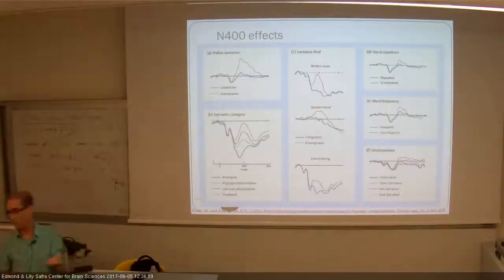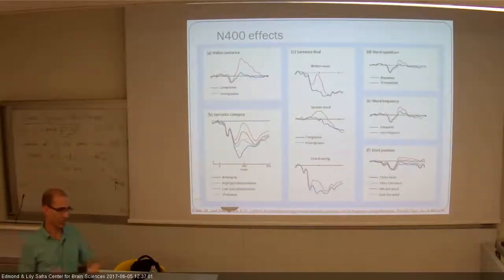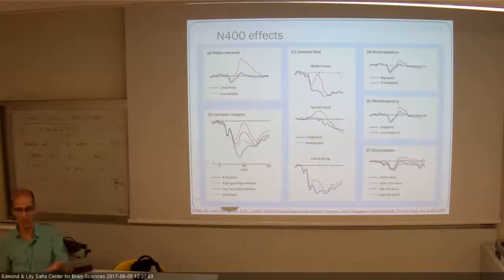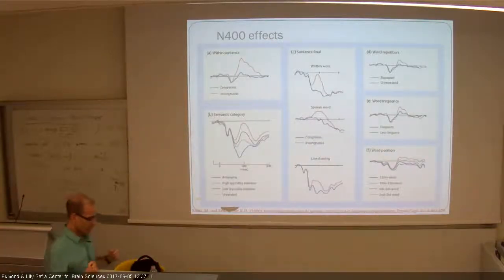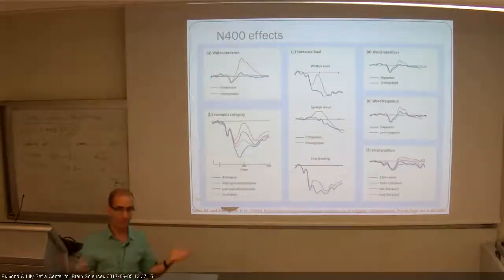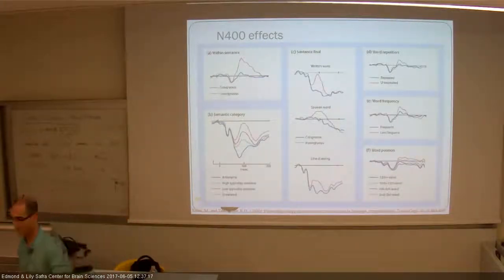Whereas when I don't know what's coming, or when I have an unexpected word, I need to start from scratch, looking in my library for the lexical entry and for its meaning. So the bigger N400 in this kind of explanation represents the longer, more intense lexical or semantic search.